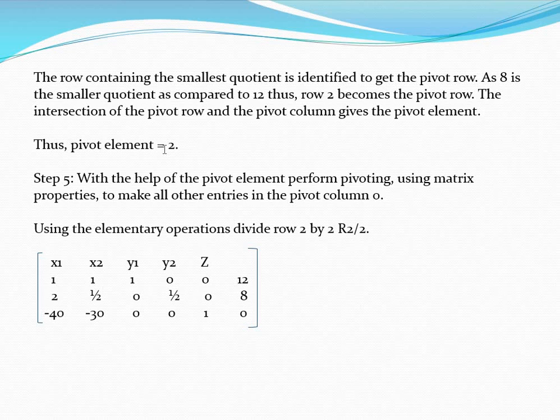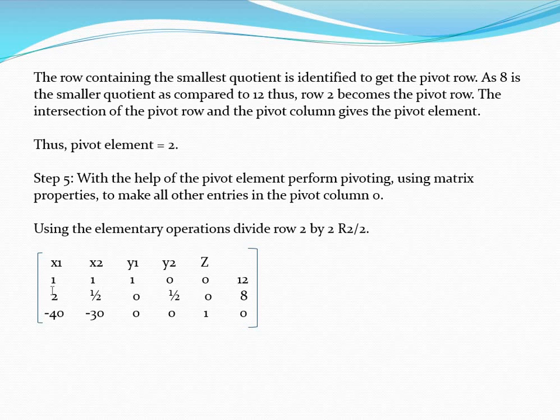Then step number 5: with the help of the pivot element, perform pivoting using matrix properties to make all other entries in the pivot column 0. Means the pivot column is x1, that is 1, 2, minus 40.